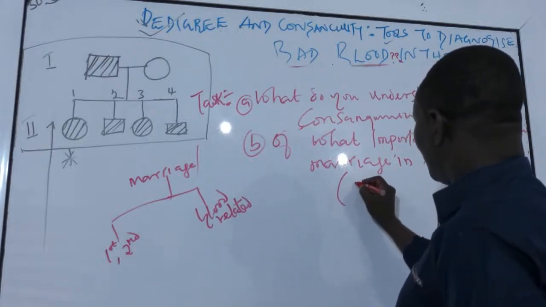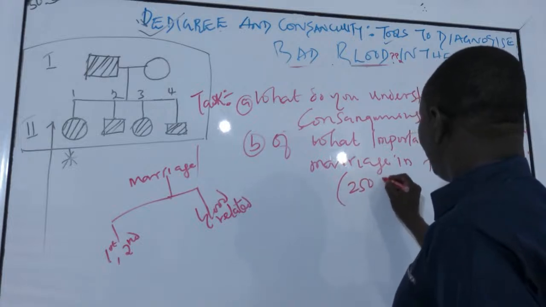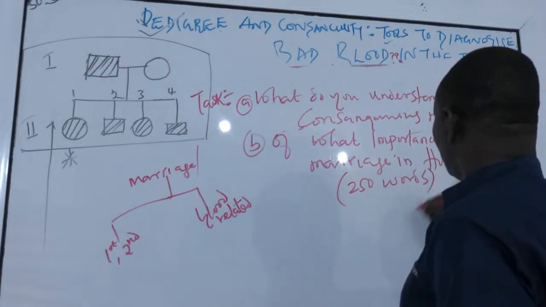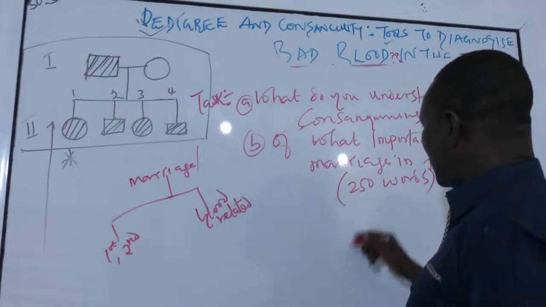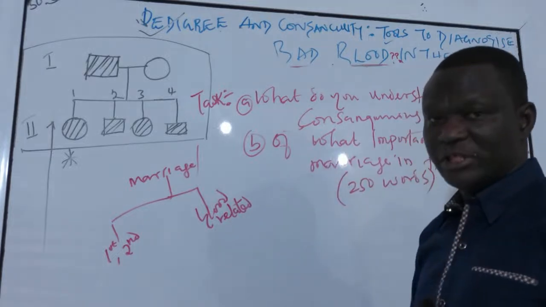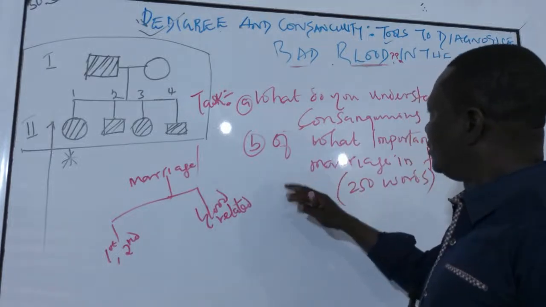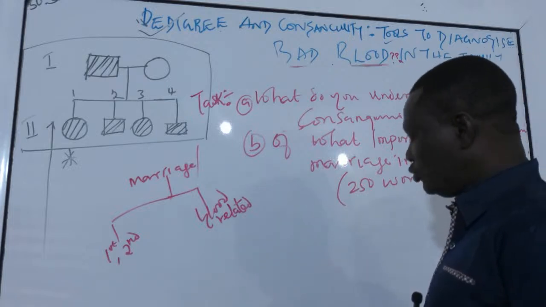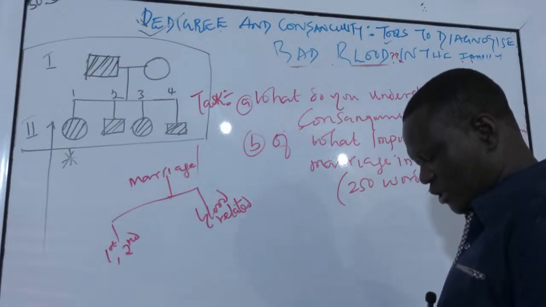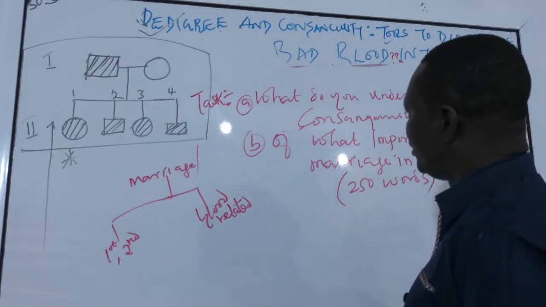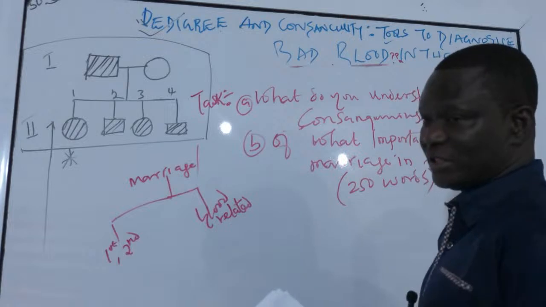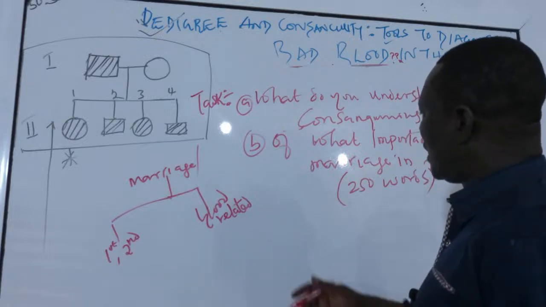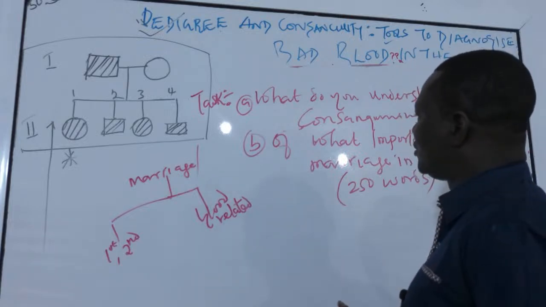Everything should not be more than 250 words. So please write it in the comment section and submit. Make sure you do it within the next 30 minutes, and let me be seeing your answers or your responses from the comment section.